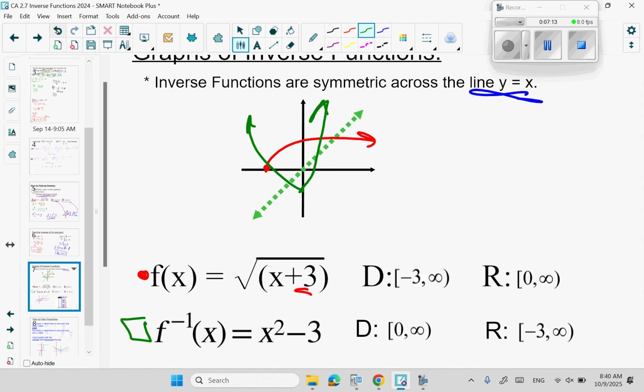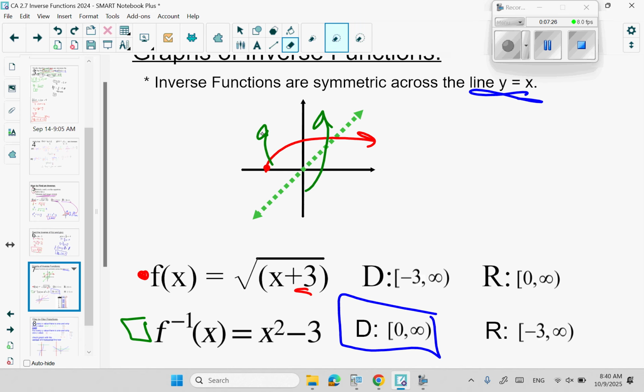It's a parabola, but they're not the same shape. As we said earlier, we need this restriction, which will eliminate this branch, and therefore we get a very similar looking shape with those green and red.